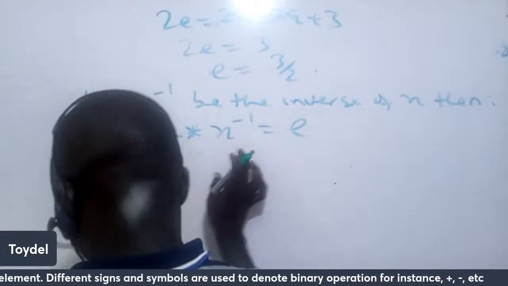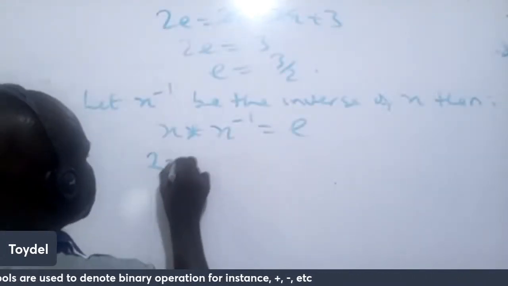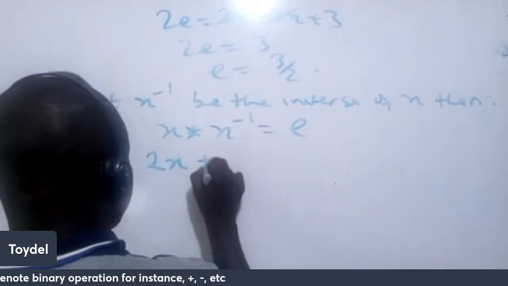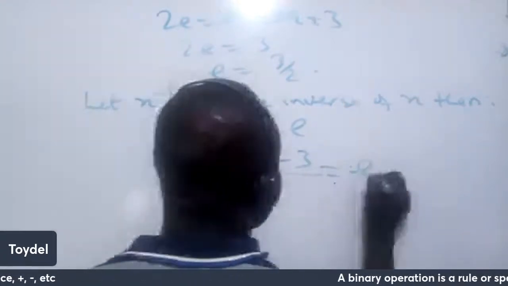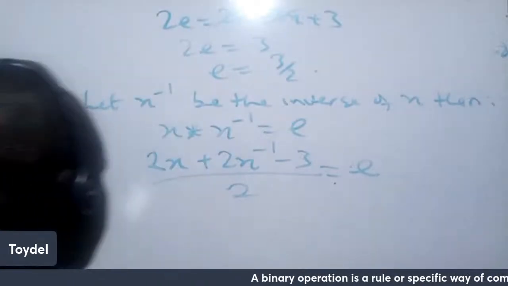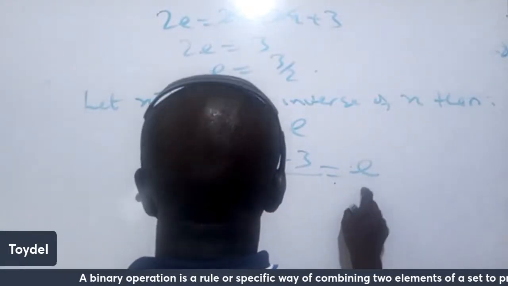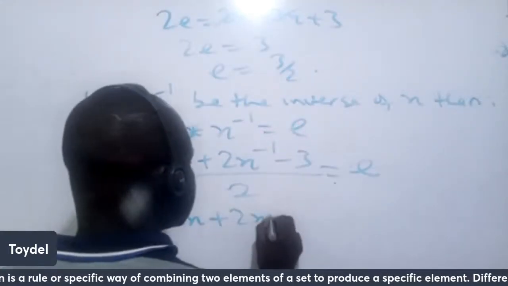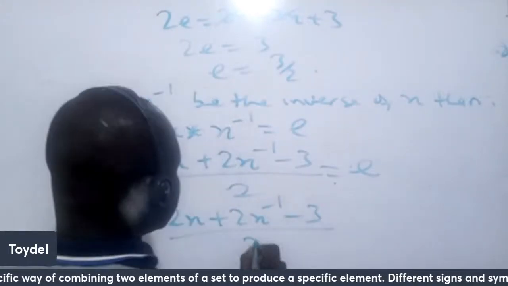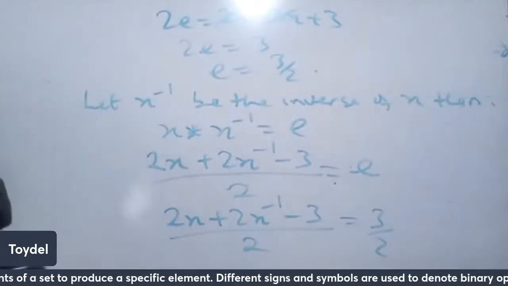So using the definition, that would be 2x plus 2x inverse minus 3 all over 2 is equal to the identity element. Then here I'm going to have 2x plus 2x inverse minus 3 all over 2 to be equal to 3 all over 2. That is the value of e.